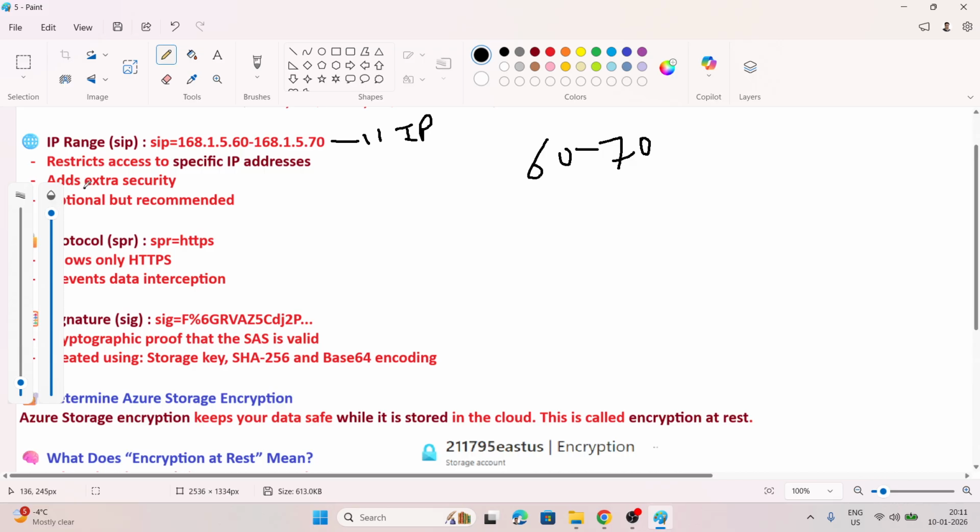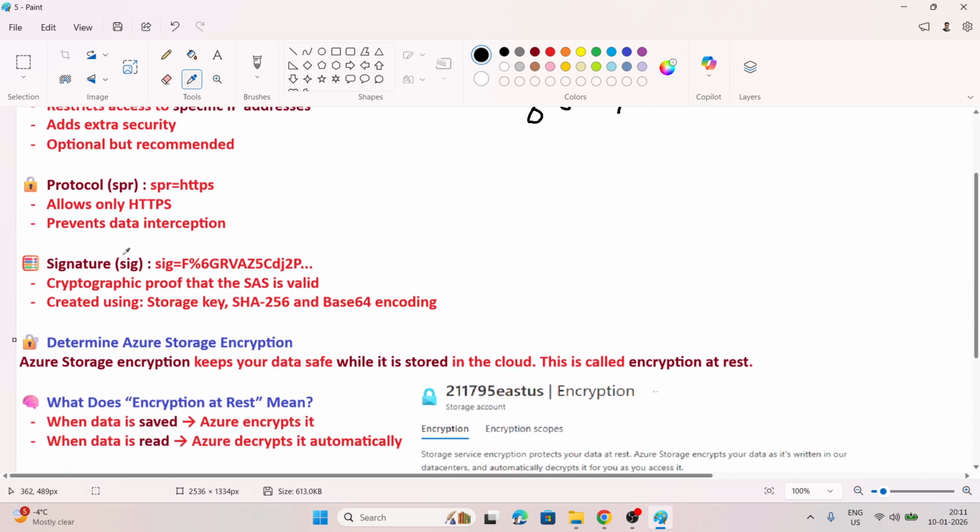This blob is accessible from those. Now, SPR equal to https means it only allows HTTPS connections and prevents data interception. Then at the last, SIG, this is a signature. It is cryptographic proof that the SAS is valid, and it is created using the storage key, with HMAC SHA-256 and base64 encoding.